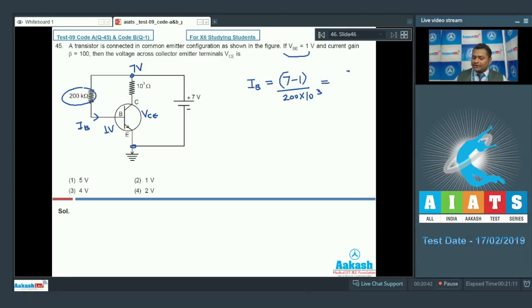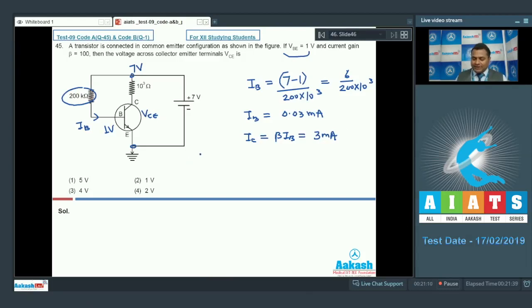Solve it. 6 by 200 into 10 to the power 3. Ultimately we will get the base current as 0.03 milliampere. Beta is given. As a result we can calculate IC, which is equal to beta times IB. So we will get the value of IC as 3 milliampere.